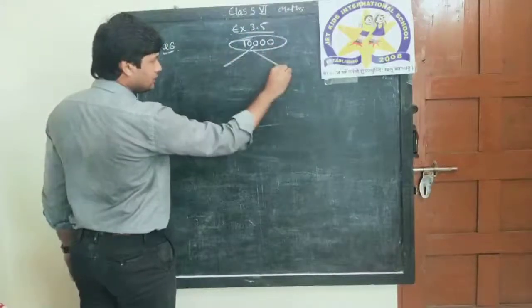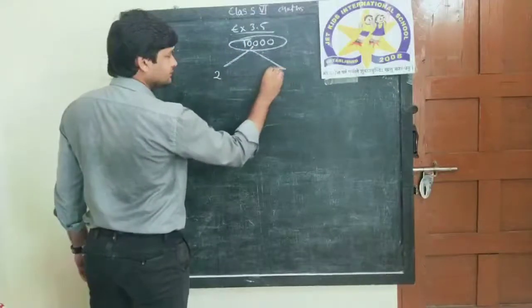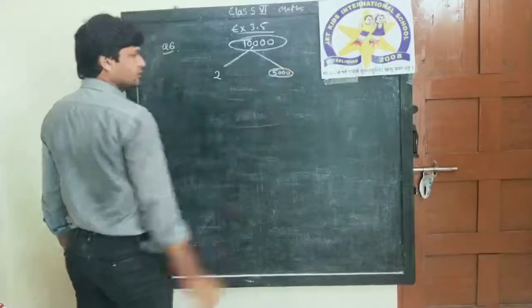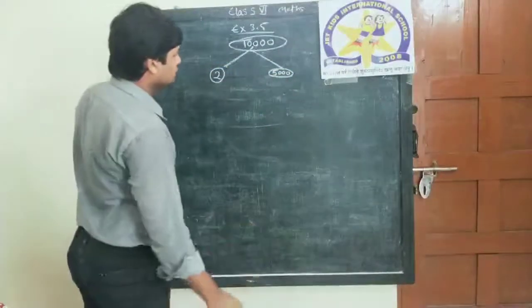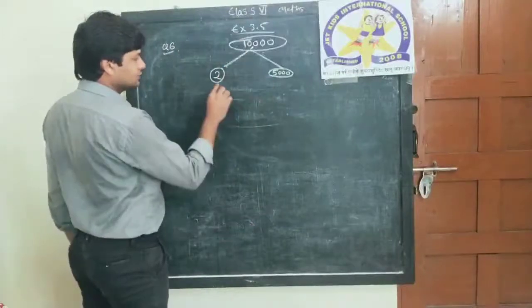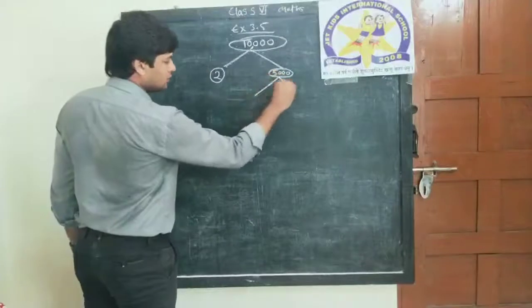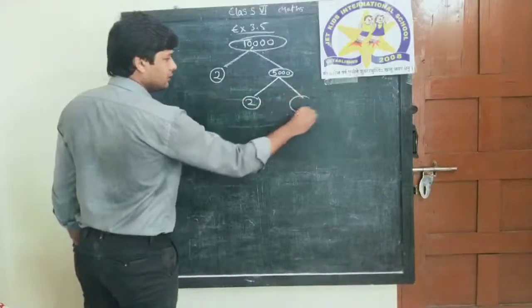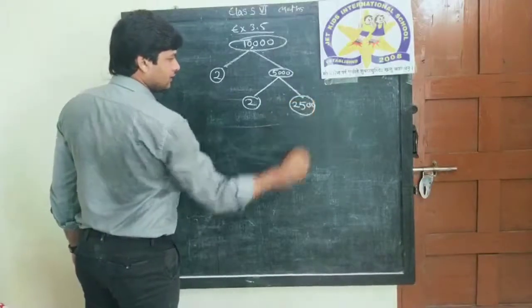So it is divisible by 2. 10,000 is 2 multiplied by 5,000. Again, 2 multiplied by 2,500.